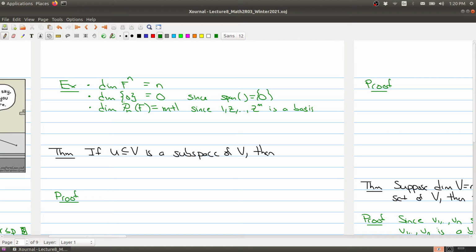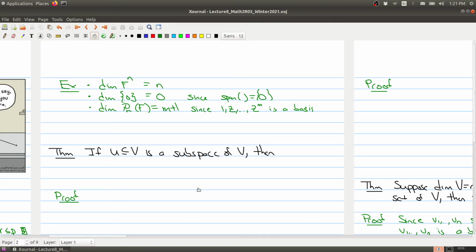So here we have a number attached to a finite dimensional vector space. We've used the phrase finite dimensional just to mean that there's a finite set of elements that span our vector space, but now we can talk about the dimension, which is a number attached to it, and it's a measure of the size of your vector space.